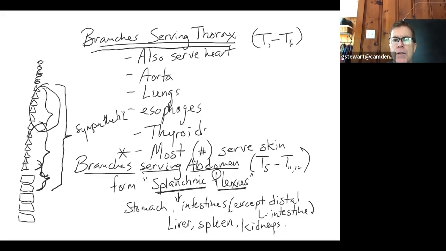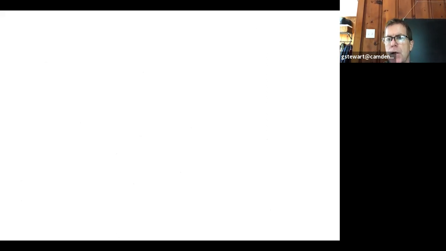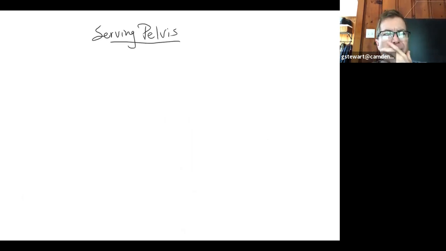We just listed what these do and where they go. Finally, we're going to list this region of the sympathetic fibers, serving the pelvis, which is inferior to the abdomen. I'm just going to write about T10 to L2.